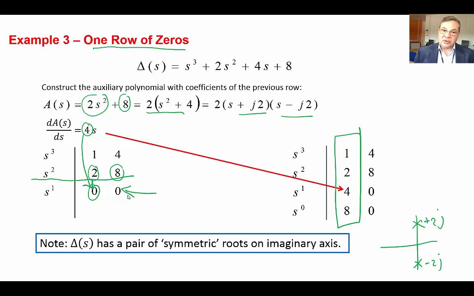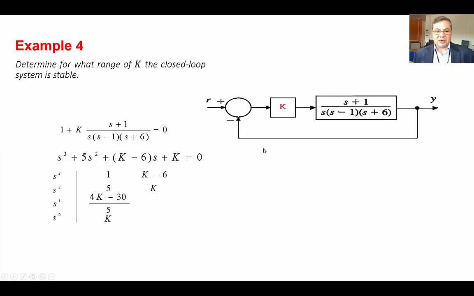Which is very useful because in some design problems, you will need to find the value of k, or you need to find the intersection between the root locus and the imaginary axis. And the way to do this would be to force the array to find the values that give you rows of 0. Rows of 0 means poles on the imaginary axis. We'll look at another example, a very useful example.